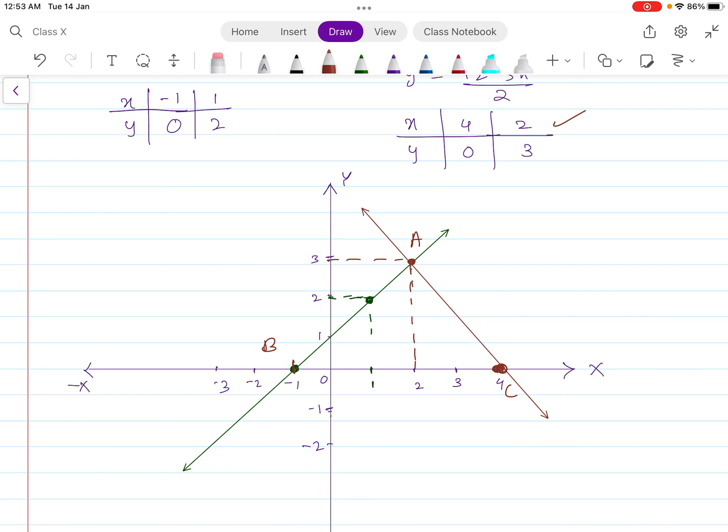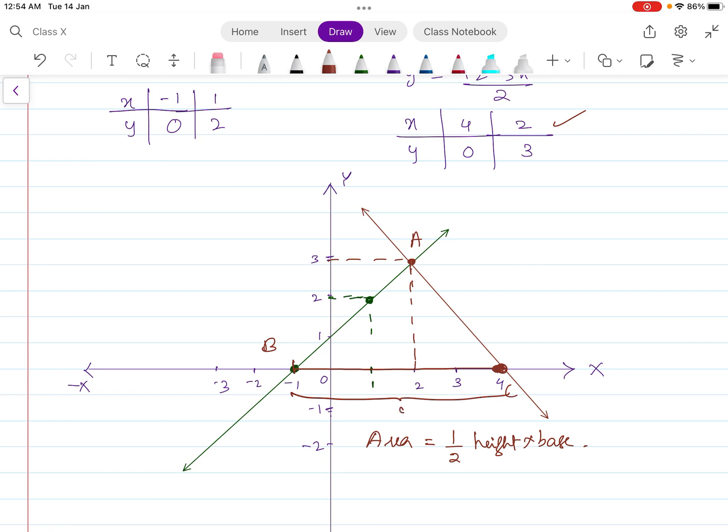of the triangle. You remember that whenever we write the area of a triangle, for area we can take 1 by 2 into height into base. Now base is nothing but the entire base that you see. If you measure from here to here, that is -1 to 4, that will come to about 5.